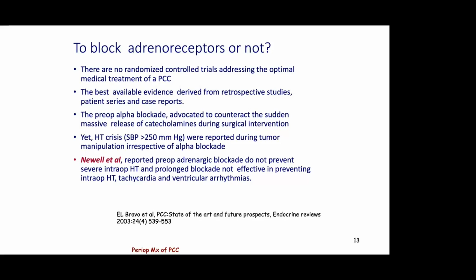And there are actually innumerable studies. There are no randomized controlled trials though. Time to time, many studies have come, but I will just tell you the gist. So the conclusion is that the blockade is not going to prevent hypertensive surges during the surgery, but crisis and other complications like catastrophic events have definitely improved because of preoperative blockade.